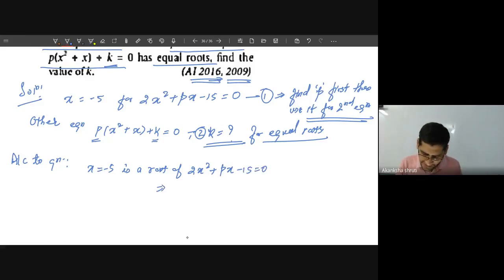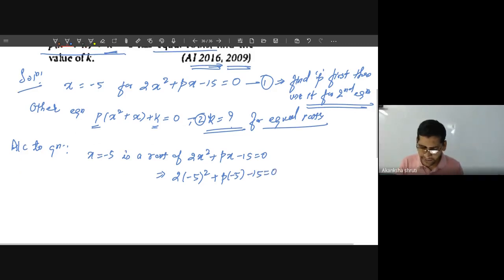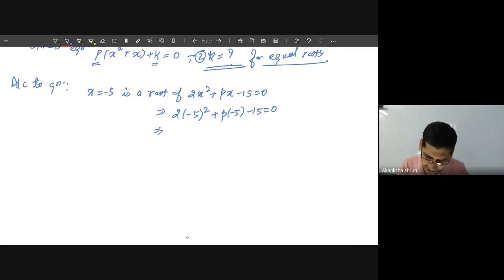It means I can put minus 5 in place of x, then this will satisfy this one, plus p of minus 5 minus 15 is equal to 0. I can calculate the p here. So this implies it becomes 25 and then it is 50.